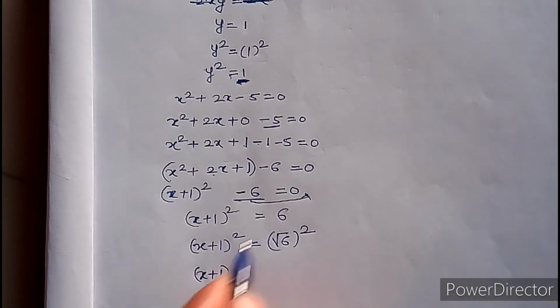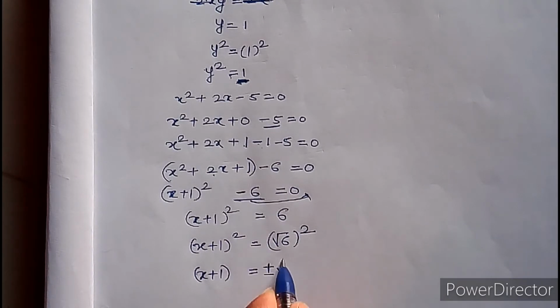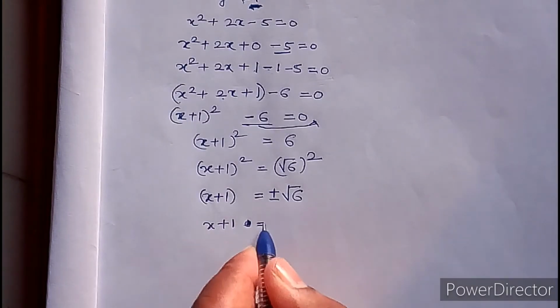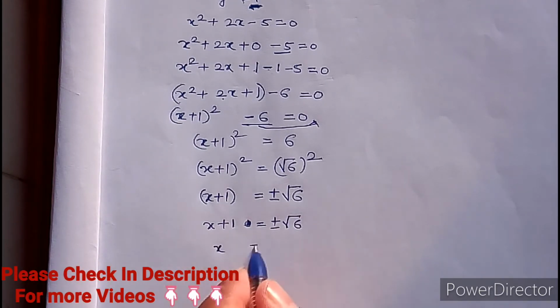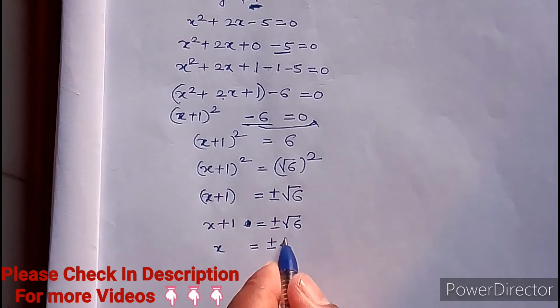Now remove this square, we get x plus 1 equals plus minus root of 6. When we remove the square sign, here comes plus minus, means two values, that is root. Therefore the value of x plus 1 equals plus minus root of 6.